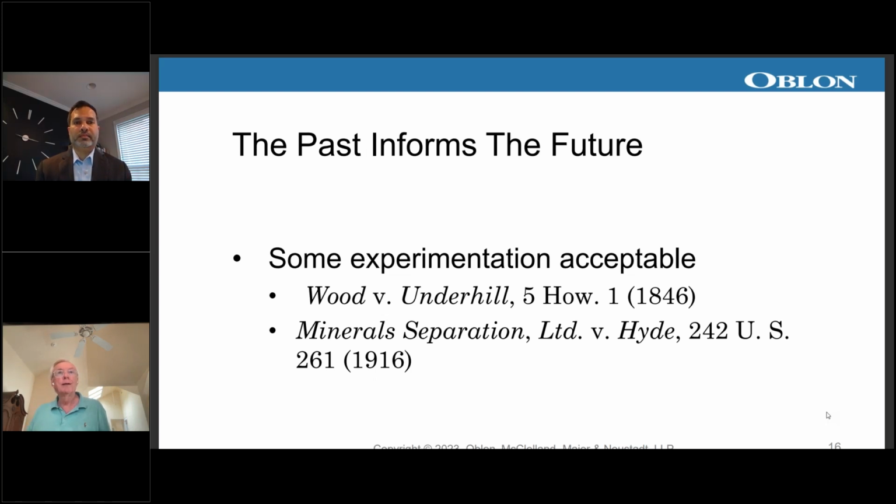Now, in the Wood case, this was a process for making bricks by mixing coal dust and clay. And what the case talked about was the general rule that the proportion of dust and clay was what was set forth in the patent.